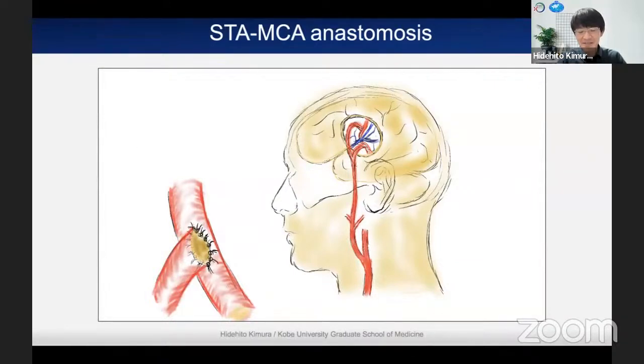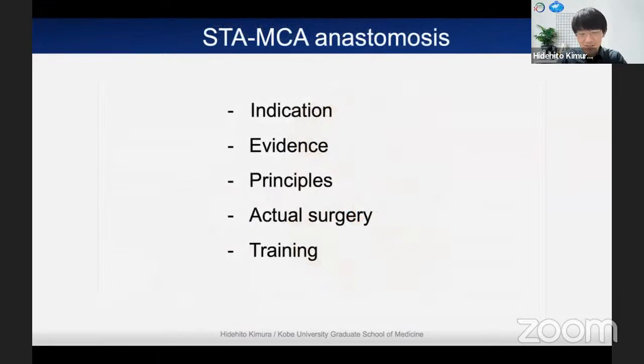It's a very familiar technique to anastomose the superficial temporal artery to a middle cerebral artery branch like this. How to harvest the STA and how to anastomose is a very important technique for all neurosurgeons. So today's content: the indication, the clinical evidence, the principles in the actual surgery, and finally, talk about the training.